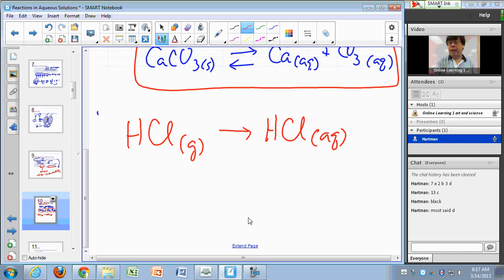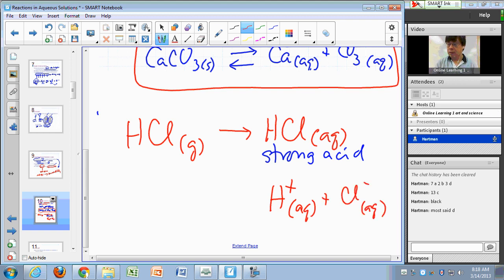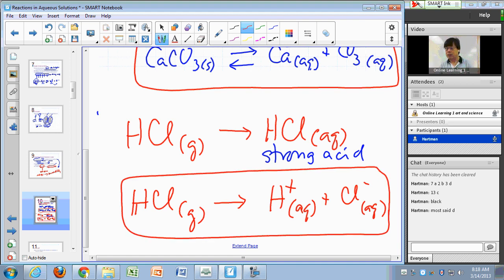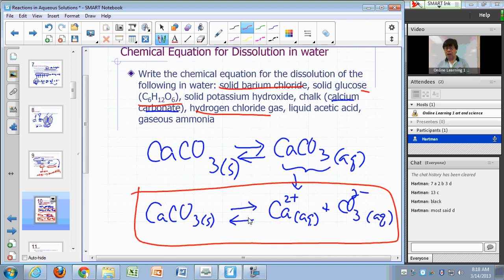We know that HCl is a strong acid, so it's actually better to write it as H plus aqueous plus chloride aqueous. So you say HCl gas yields H+ aqueous plus Cl- aqueous. This is your ionic equation for the dissolution of hydrochloric acid in water. HCl is hydrogen chloride. How about acetic acid?